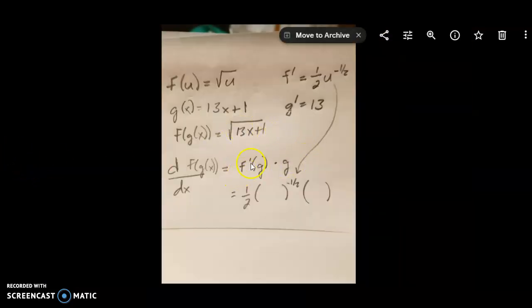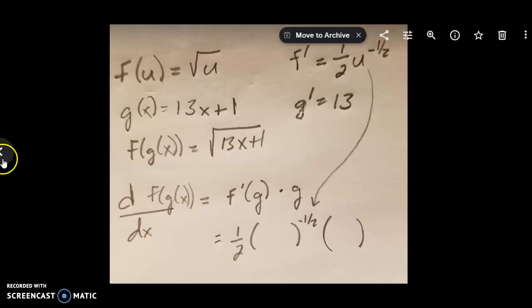So we have f prime of g times g prime, and I left off the prime symbol. I saw that when I was trying to trim down all the functions. I went, oh no! But you can see when I fill in the blanks, this one is going to be the straight function of g, and this one's going to be the derivative function.